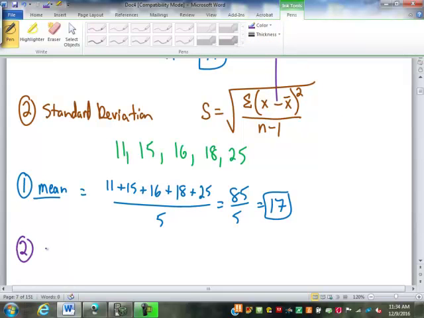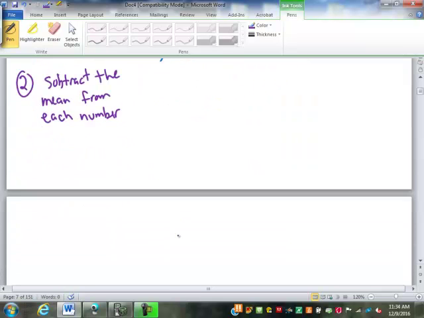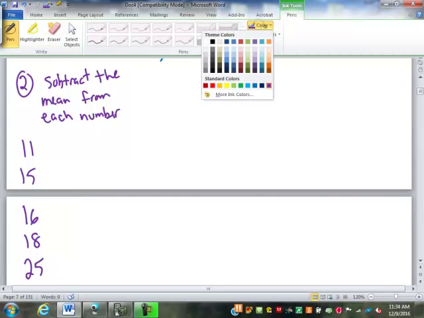Step 2, subtract the mean from each number. So I have 11, 15, 16, 18, 25. And the mean is 17.